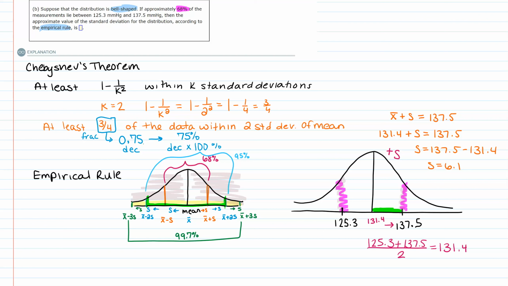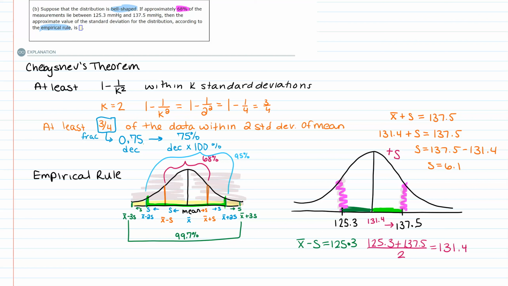So now, to check your work, you can find the other place over here, this 125.3. I know that x bar minus s should equal 125.3.